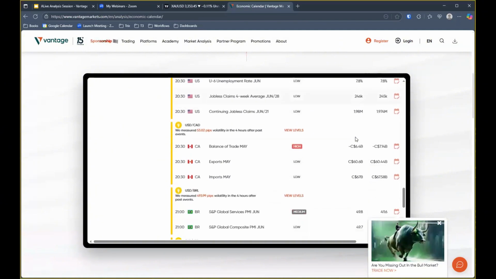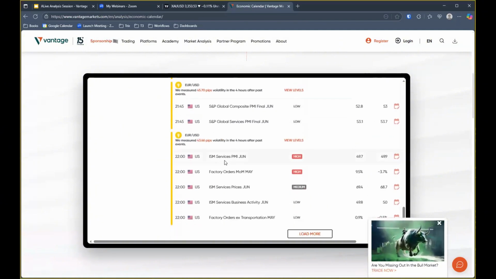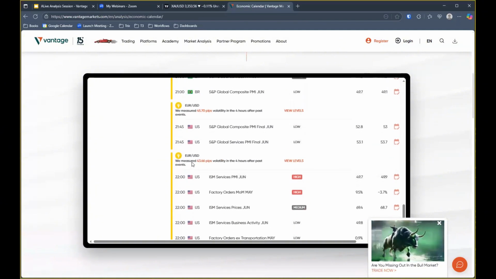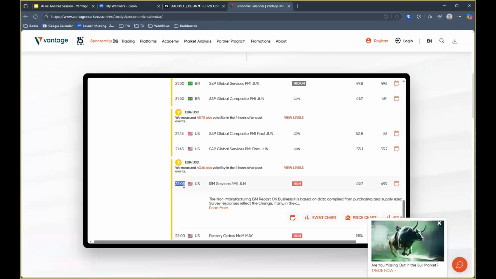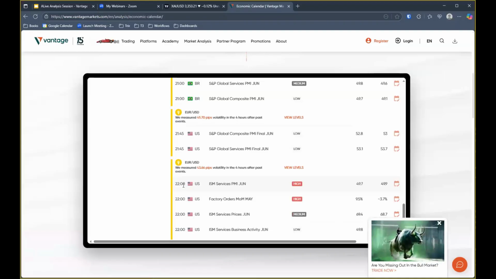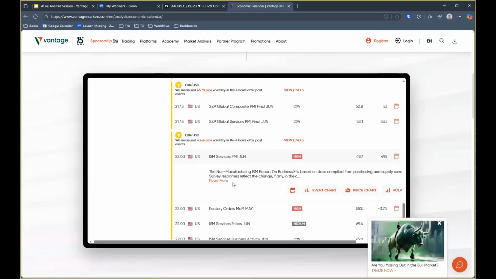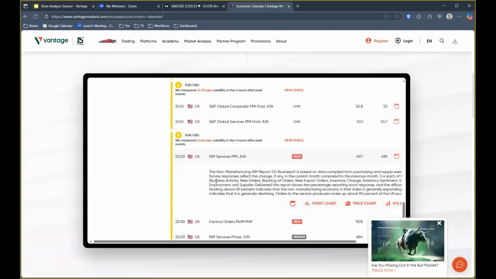The other important event we're looking for is at 10 o'clock. This is 10 o'clock Singapore time, but it's 10 a.m. New York time. ISM services, which is the non-manufacturing report on business.